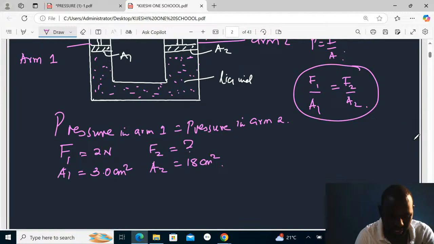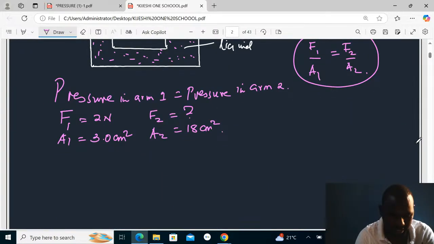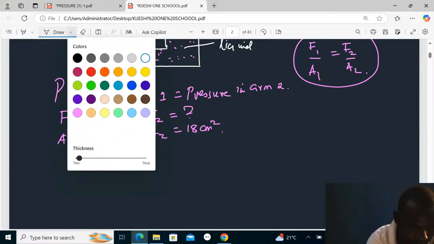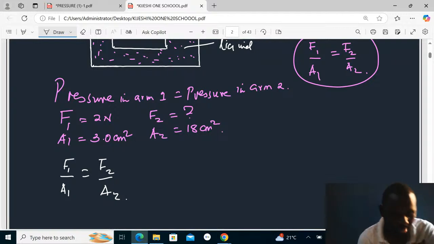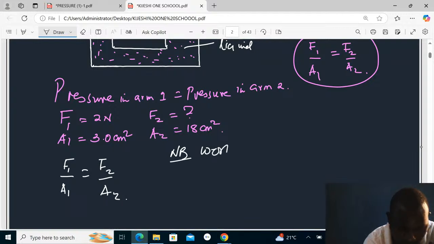Then you just need to go straight and say that F1 over area 1 is equal to force 2 over area 2. And in this case, you are supposed to use SI units. Work with SI units.